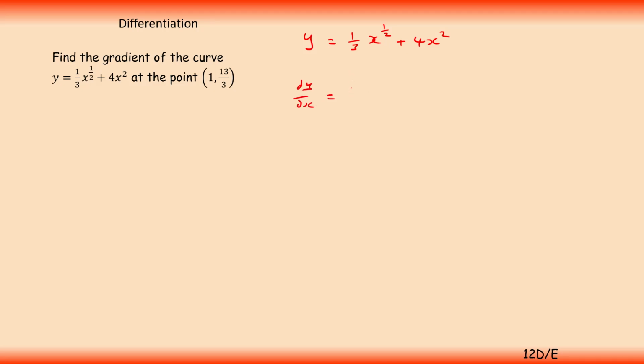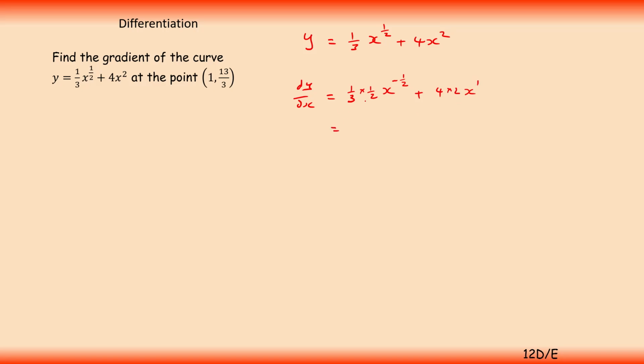First one, to keep our constant the same, a third, times the power, which is a half, of x, and then we subtract 1 from a half. So a half minus 1 gives us minus a half, plus 4 times the power of x to the power of 1.